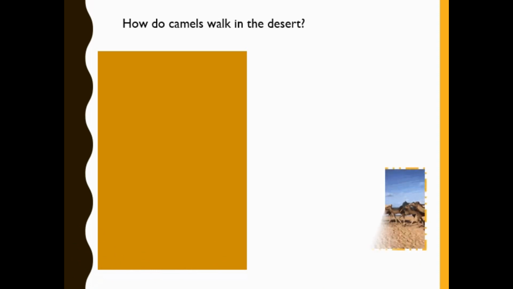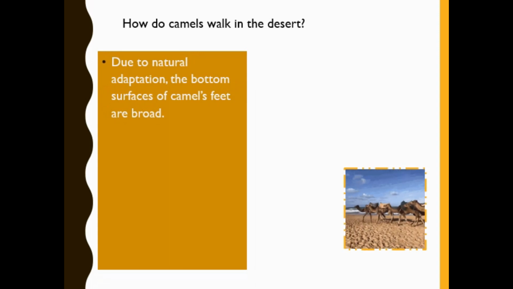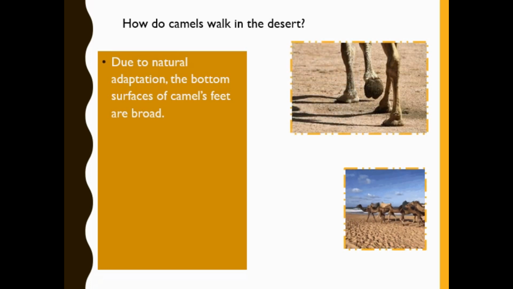Let us relate this concept with an example. Have you seen camels walking in the desert? Yes, they comfortably walk over the sand. But if we try, we find it very difficult. Why is it so? If you see the feet of the camel, the bottom surface is broad, as you can see in the picture.